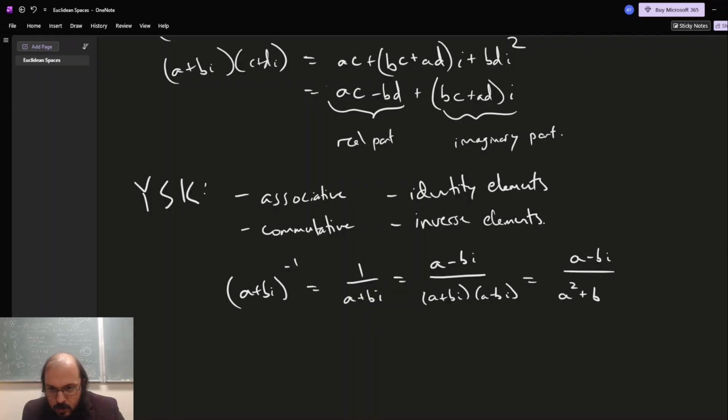This gets me a squared plus b squared, because difference of squares says it should be minus, but the i squareds make them plus again. And we get a over a squared plus b squared minus b over a squared plus b squared i. And then lastly, there is a distributive property. I'm just going to put it up here. Not going to make a big deal about it.